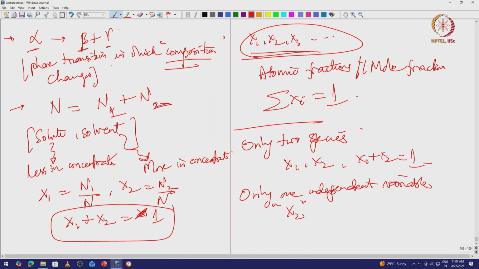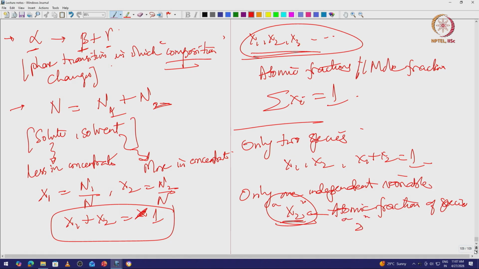By default I am going to take the independent variable as x2. So, all these parameters depend on x2, where x2 is the atomic fraction of species 2.